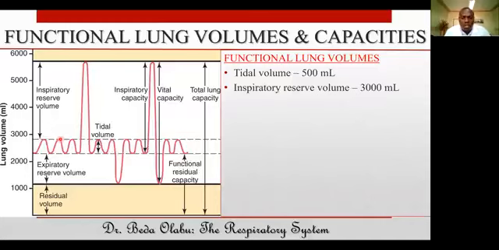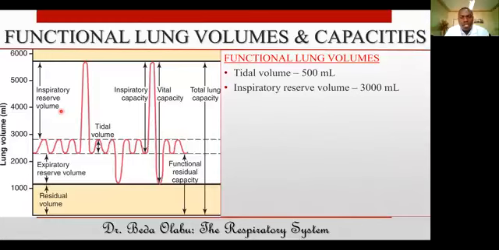After you breathe in normally, use force as much as you can to then continue breathing in. Okay, I hope you're done. You can breathe normally.